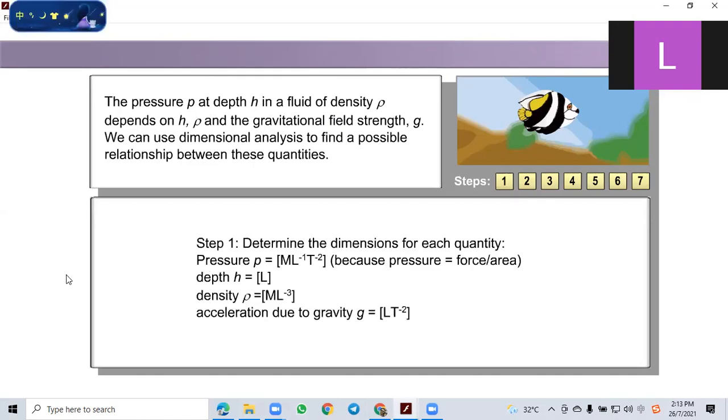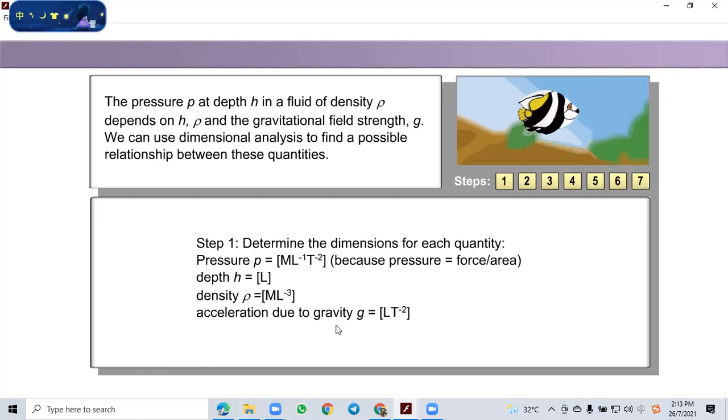First, as we know, the dimension of pressure is ML negative 1 T negative 2, because pressure is force per area, right? MLT negative 2 is a force, and area is L squared, so divide by L squared. From here we get ML negative 1 T negative 2. h is a distance, so that's L. Density rho is M over L cubed, so ML negative 3.